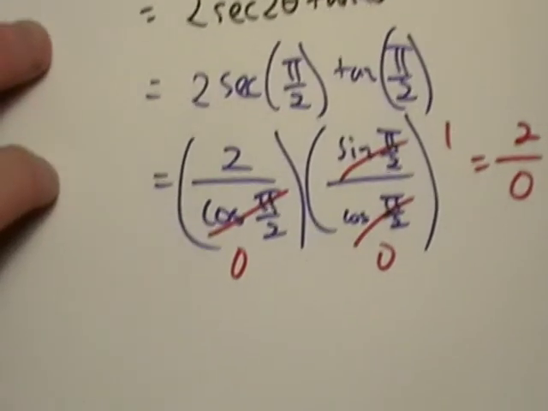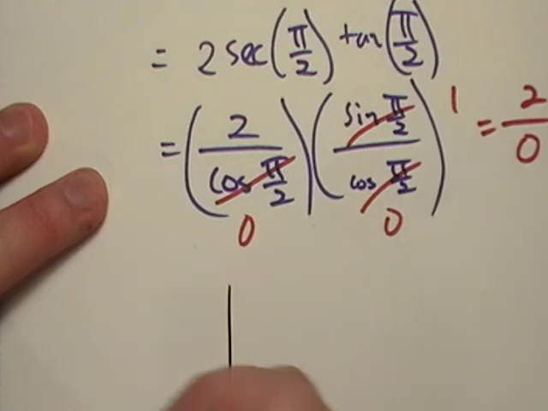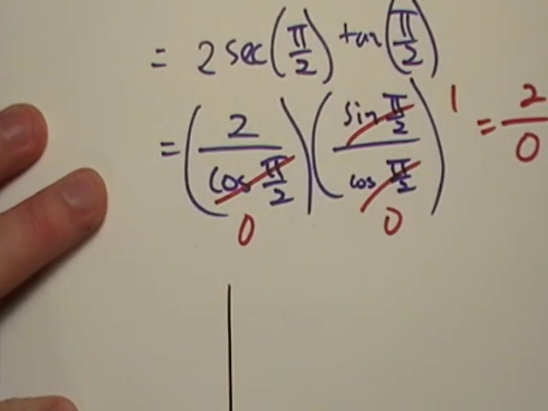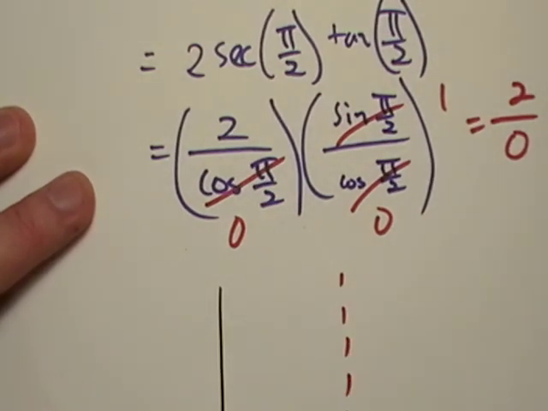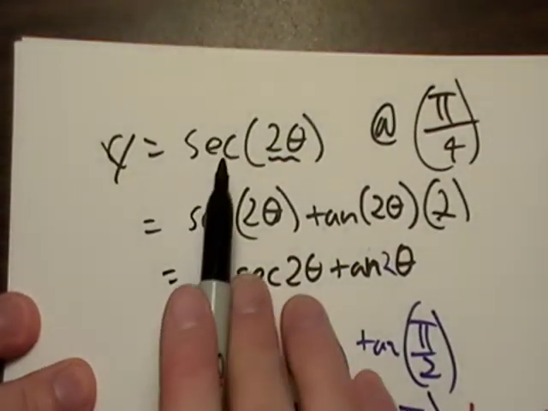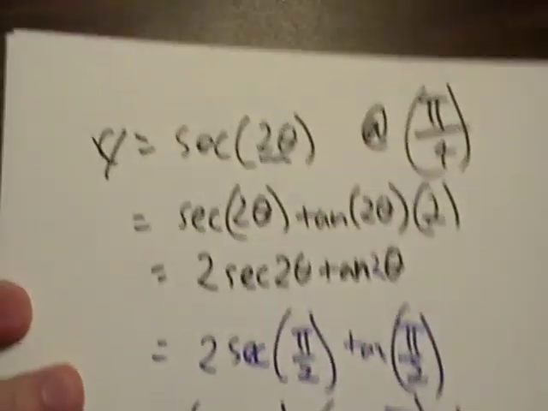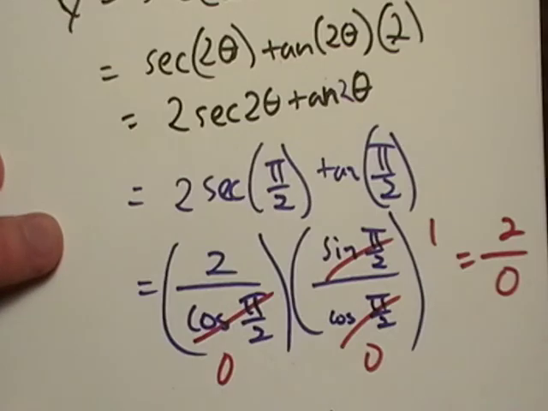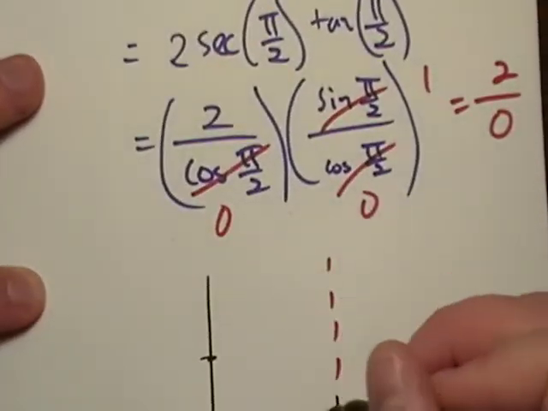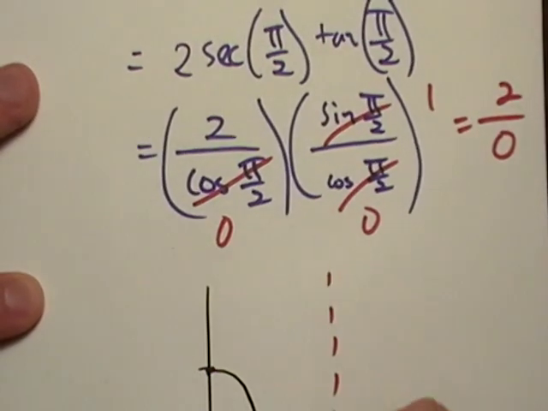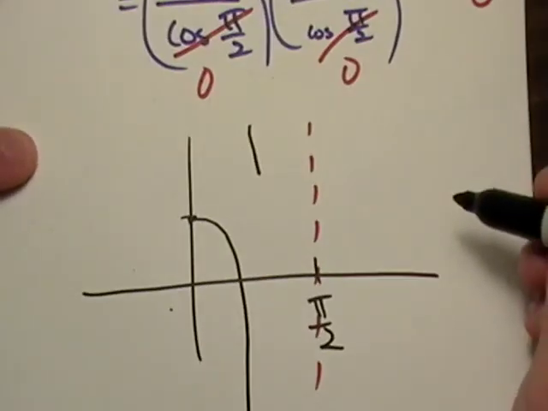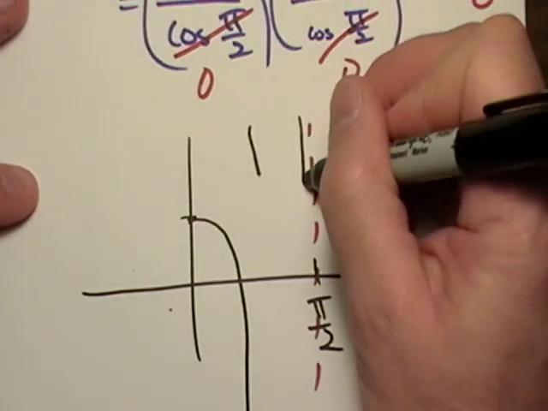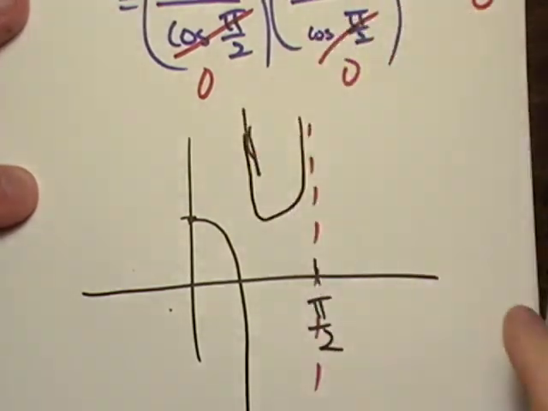Well, if we go ahead and graph this thing, it looks like at pi over 2, and by the way, secant is the reciprocal of cosine. Cosine of 0 is 1, so it's going to look something like that.